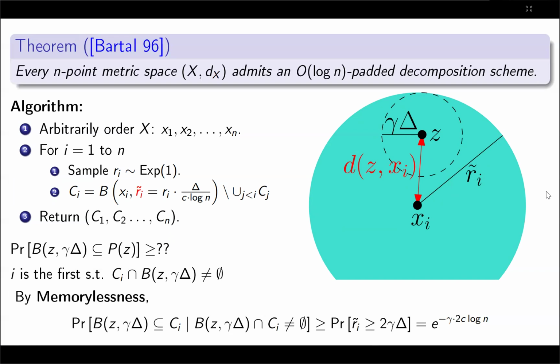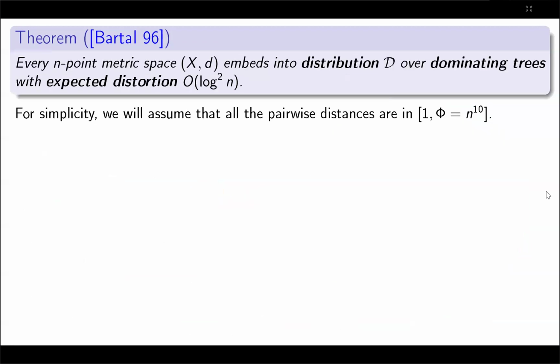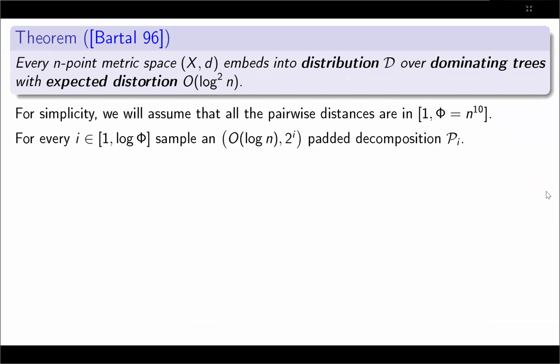And now let's see how you can use this basic decomposition to construct geometric embeddings into trees. For simplicity, we'll assume that all the distances are between 1 and n to the 10 or something, a polynomial aspect ratio or spread. If that's not the case, we know how to handle it, but it will be easier here.